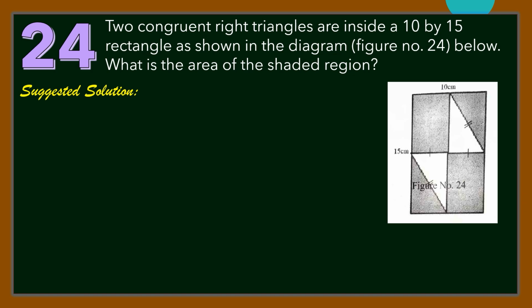Hence, the area of the shaded region will be equal to the area of the rectangle minus twice the area of the right triangle.